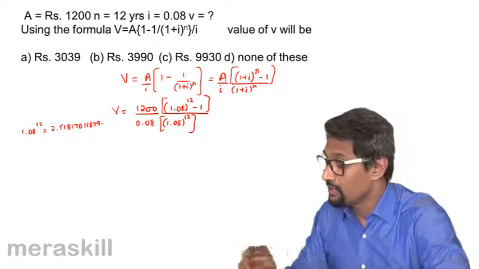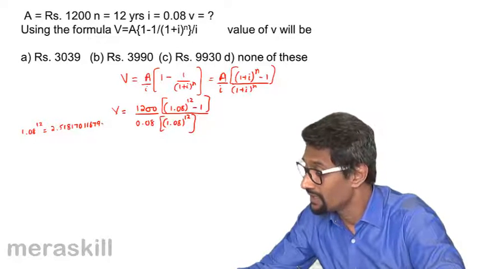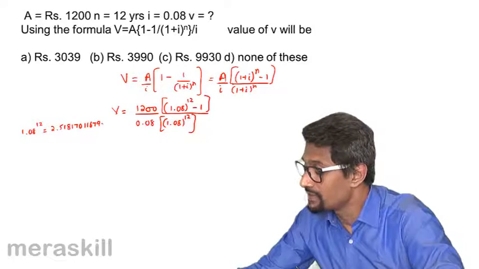2.518,170,11679. Okay, and this minus 1 into 1200.